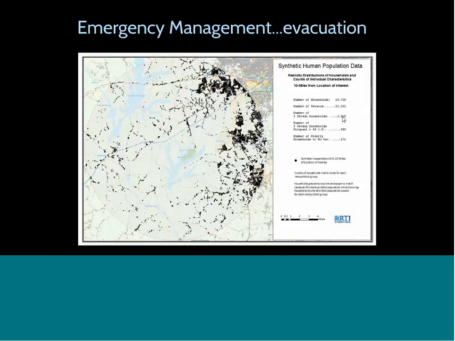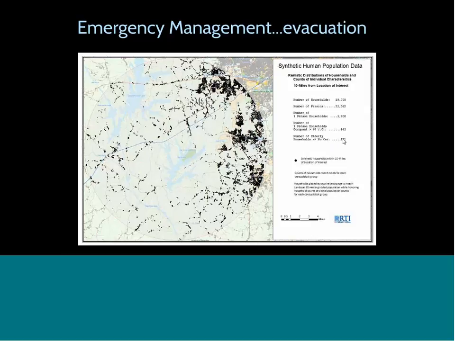There are 3,800 of those. How many of those have the occupant being 64 years or older? There are 942. Of those, how many do not have a car? 171. So that gives the emergency management preparedness people some idea of the magnitude of the issue they'll face, because they're going to have to find these people and help them get out of this area.